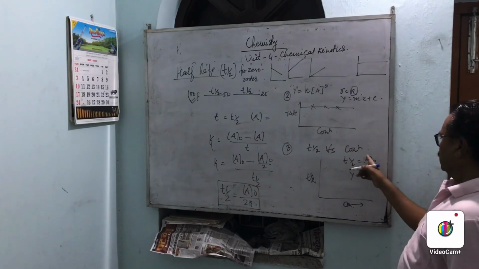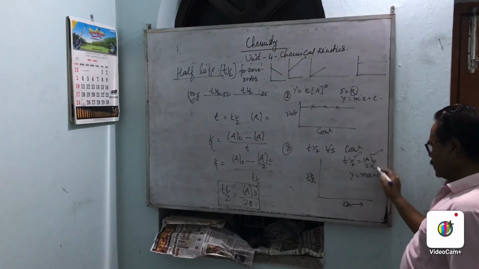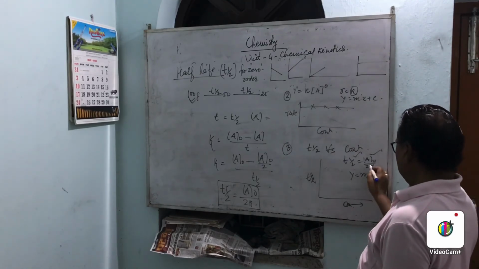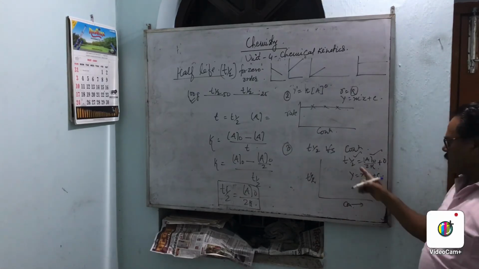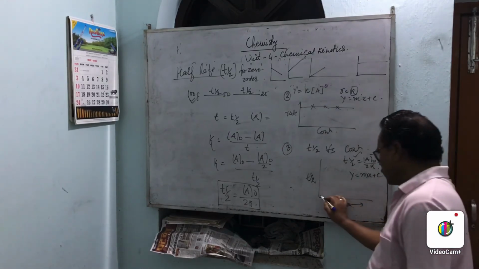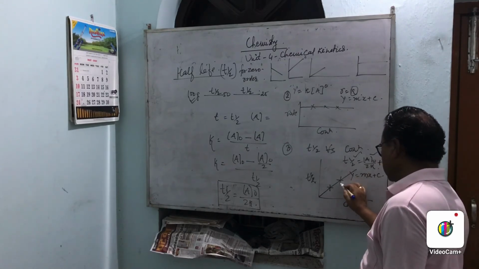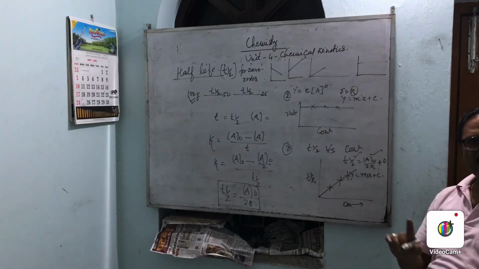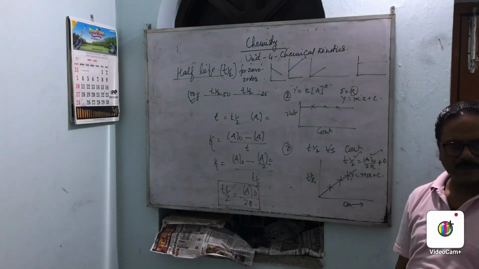You see here, A naught is the initial concentration, and this is the variable, and this one is a constant. So m is 1 by 2K. Here the intercept is 0, because this is y equals mx plus c, and c is 0. So this line will pass through the origin. This is the graph. So there are 3 graphs, and similarly we get similar graphs for the first order reaction, right?